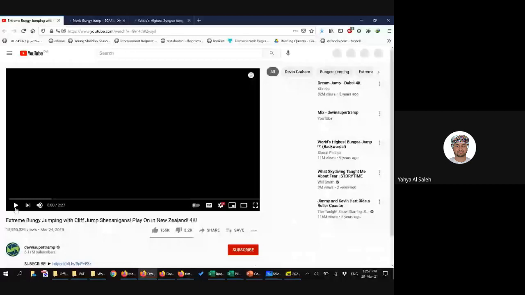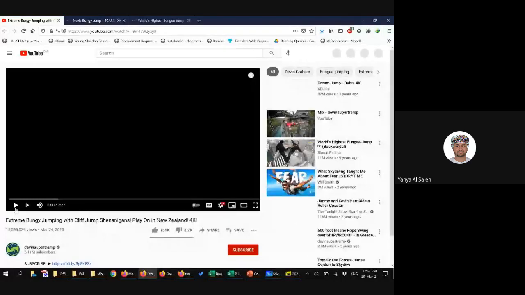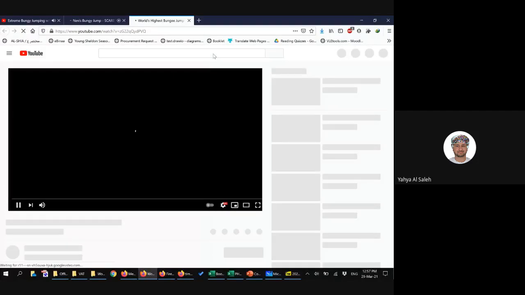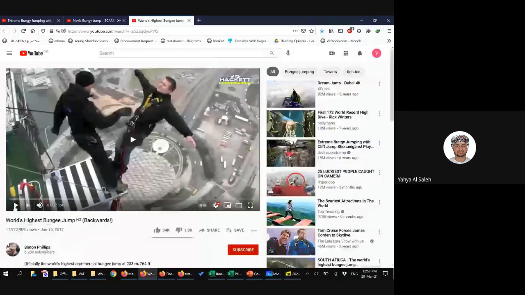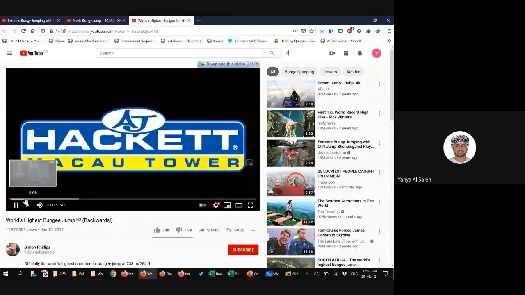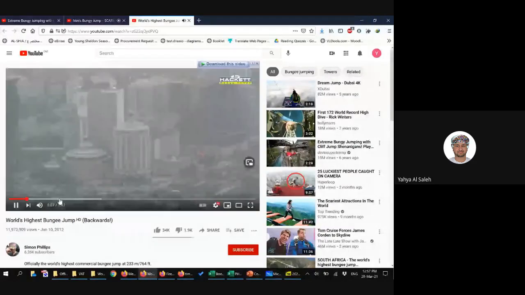Oh, there we go. This one looks fun. Okay, so this is what bungee jumping is. So you go all the way up a very, very high building. Look how high you are.